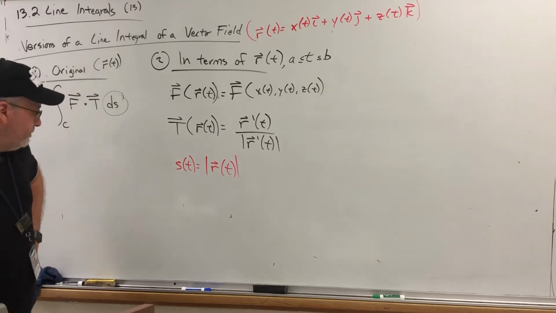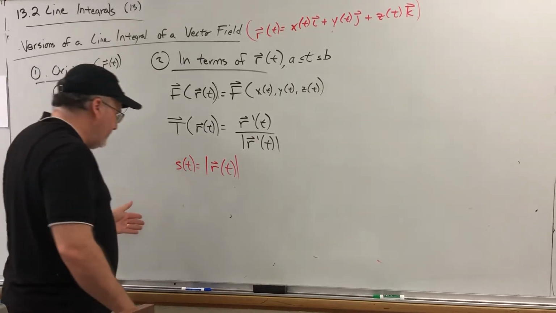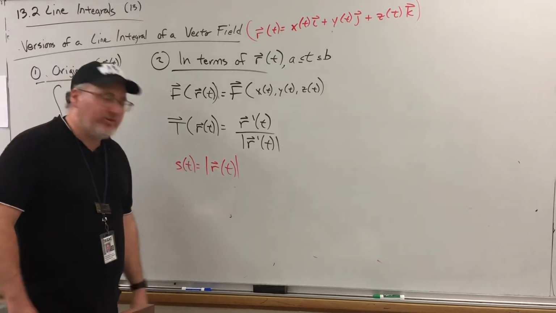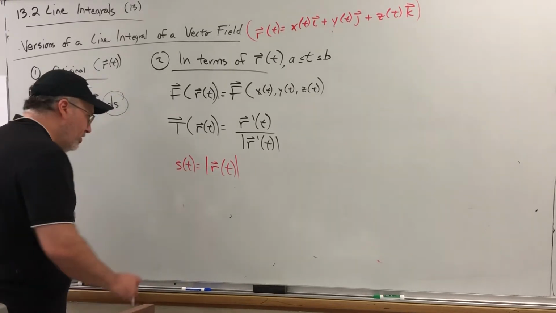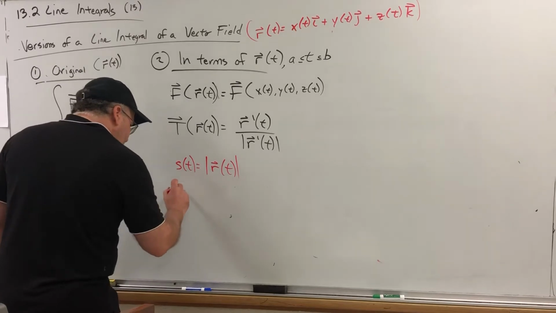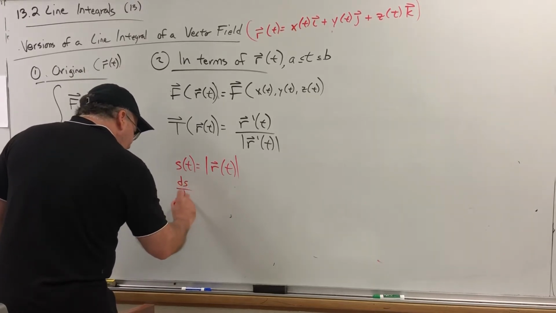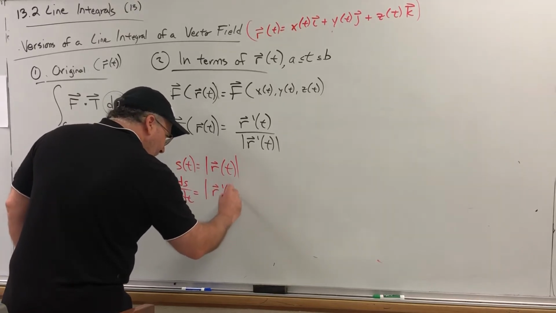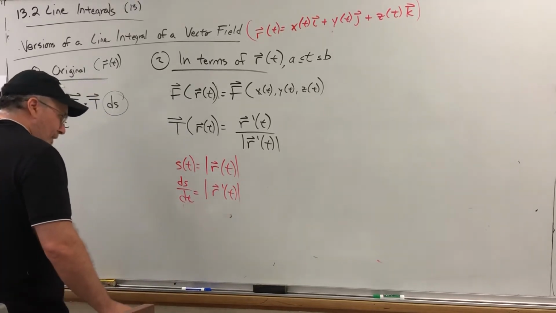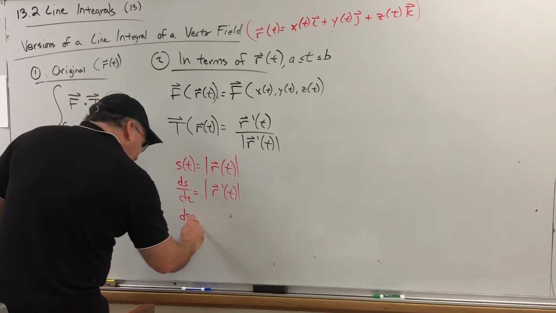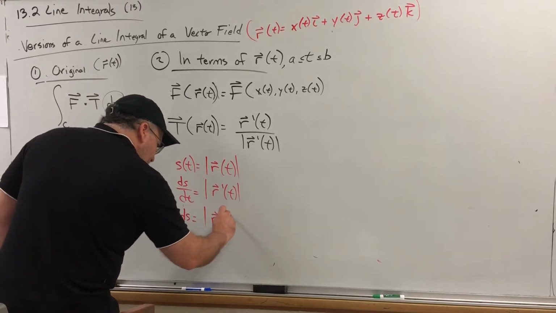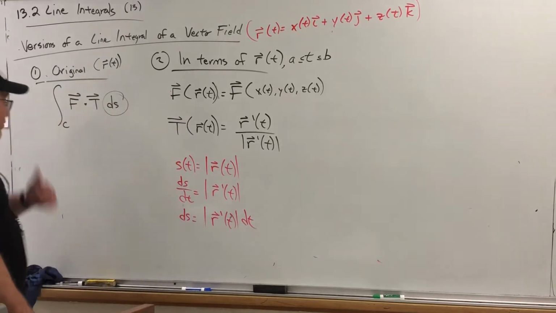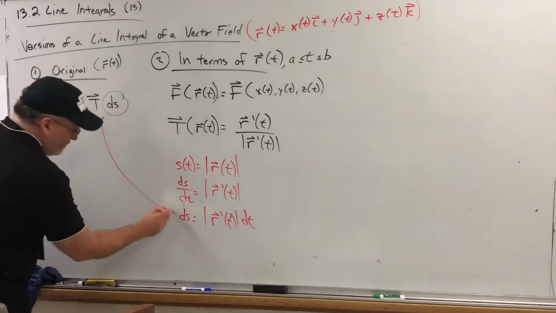Yeah. Our arc length is just the magnitude of the position, because this gives you the length of a vector, and this is approximately the length of a vector. So if we took the derivative of both sides, we could say ds/dt is equal to the magnitude of the derivative. And so if we multiply both sides by dt, we get ds is equal to the magnitude of the derivative times dt. So now we have an expression that can replace the ds.